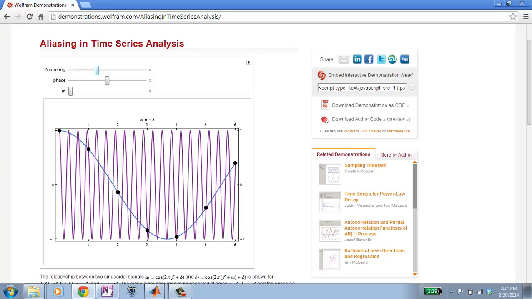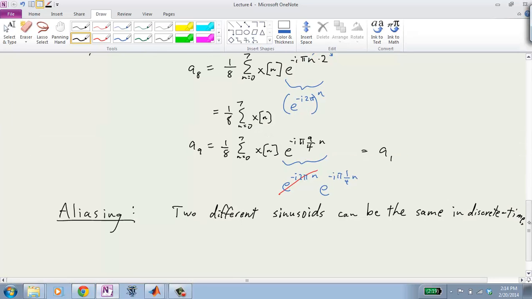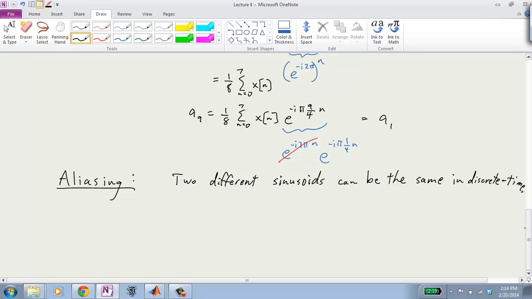All right. In fact, understanding which sinusoids alias is very simple. And that's something we'll start to understand right now. And that is the following. Rather than looking at these as trigonometric functions, as sines or cosines, let's look at the complex exponential, because understanding which complex exponentials are the same is extremely simple. We've already done it, basically.